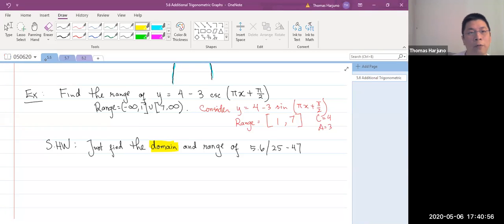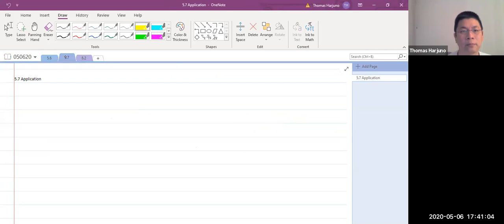Now that's for 5.6. I'm about to go to 5.7. It's application. The application we do here will be only on a right triangle. Now suppose, for example, I have a right triangle.